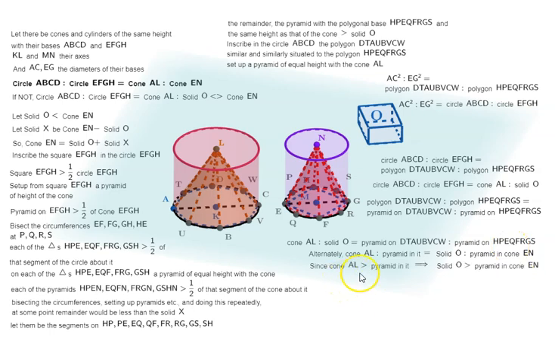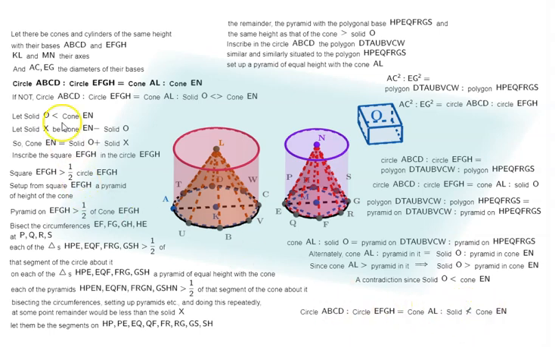Now, since cone AL is greater than the pyramid in it, solid O is also greater than the pyramid in cone EN, which is a contradiction, since solid O is supposed to be less than cone EN. So, because of this contradiction, circle ABCD is to circle EFGH as cone AL is to a solid less than cone EN is not possible.